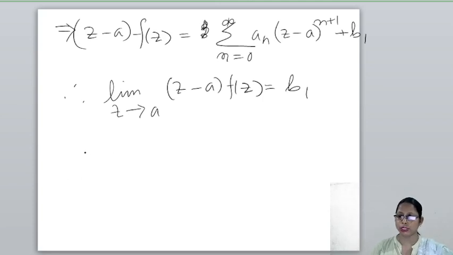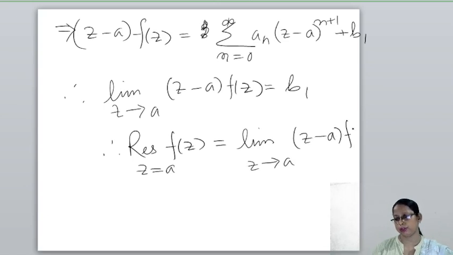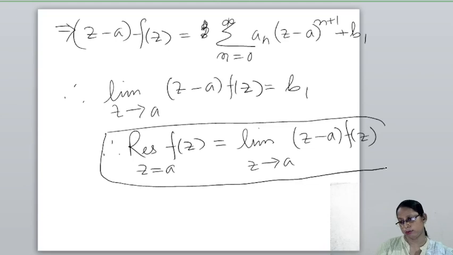That is, the coefficient b1 is the residue of f(z) at the simple pole z equal to a. Therefore, residue of f(z) at z equal to a is limit z tends to a of (z minus a) f(z). This is the formula for finding the residue of the function at a simple pole z equal to a.